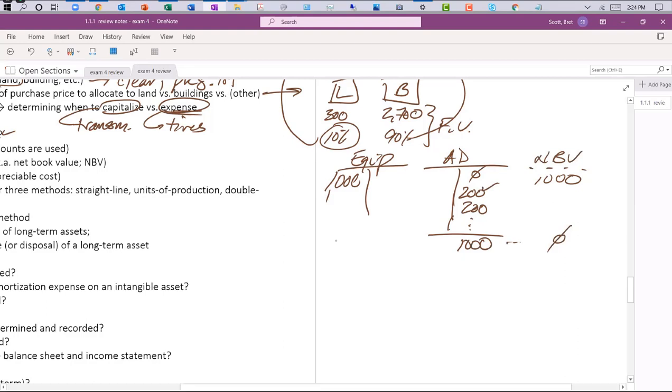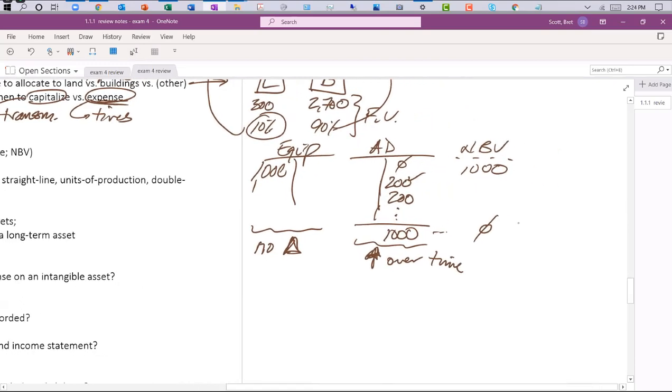So realize that the equipment account, there's no change, no delta. That stays the same. Over time, we see accumulated depreciation increases, and as a result, net book value is decreasing over time.